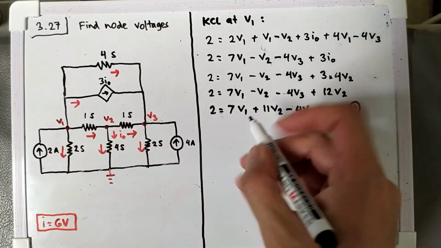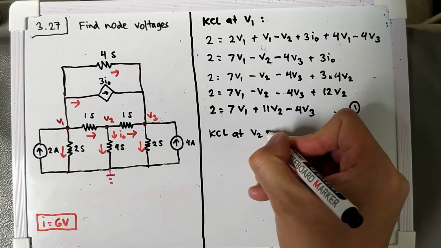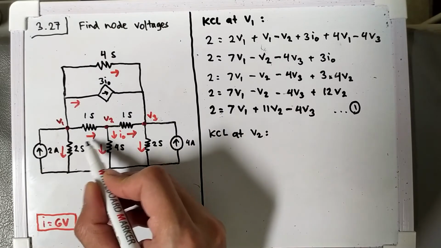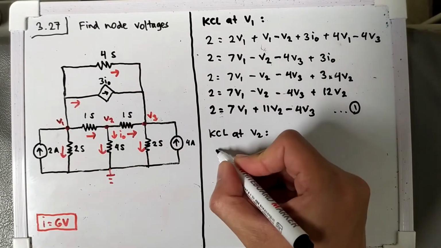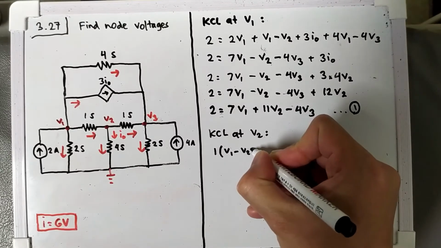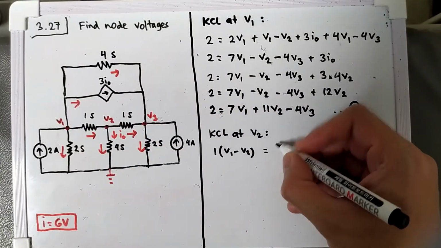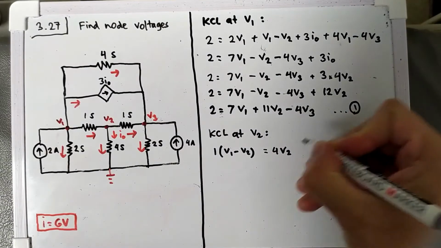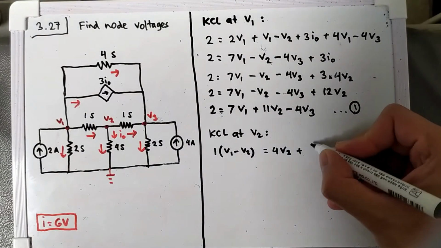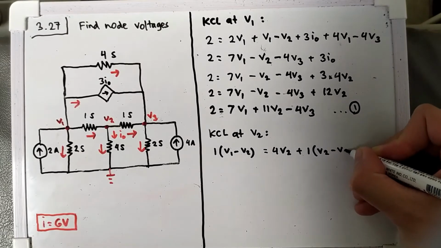Now we can do KCL at V2. The current that goes in is equal to the current that goes out. The only current that goes in is here, so I will have 1 times V1 minus V2, and the current that goes out is this current, so I will have 4V2, plus the current that goes out again, 1 times V2 minus V3.